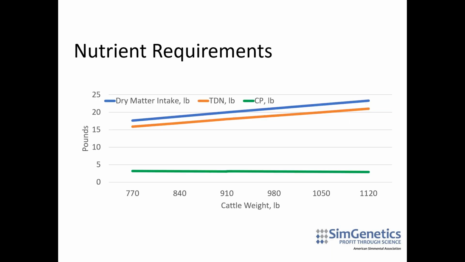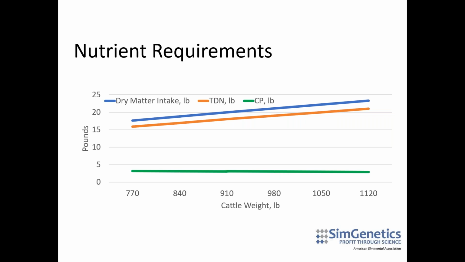So here's just kind of an idea what nutrient requirements are going to look like. We've got increasing cattle weight from about 770 up to 1,120. Your steers are already at this 1,050 at the next to last spot I've got on this graph. Crude protein is in green, and that's their protein requirement in pounds per day.